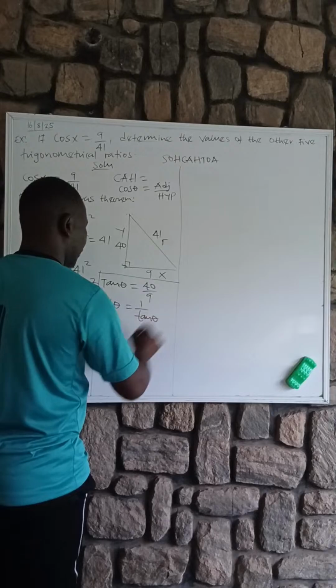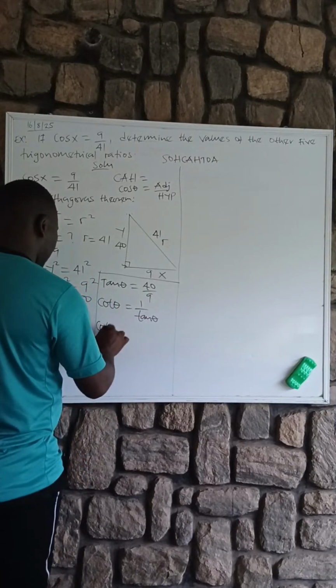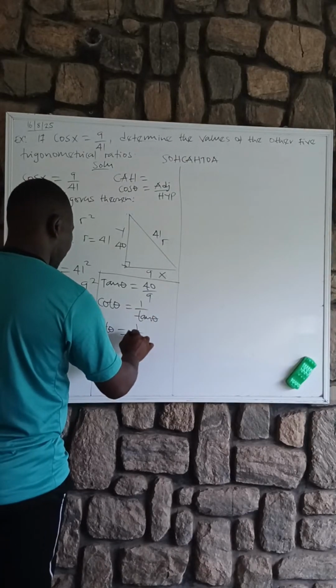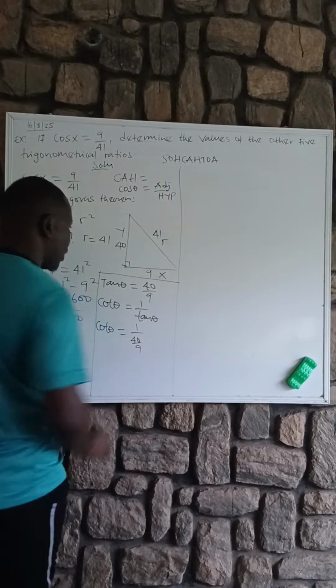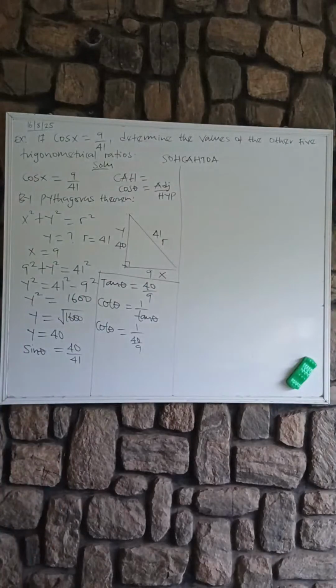True or false? Am I right? So cot theta should be 1 all over 40 all over 9. Hope I'm right. Look at the board very well.